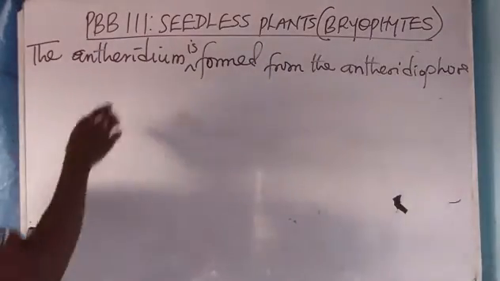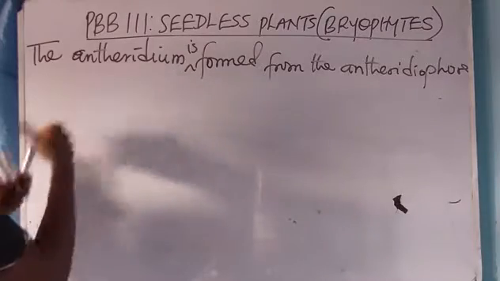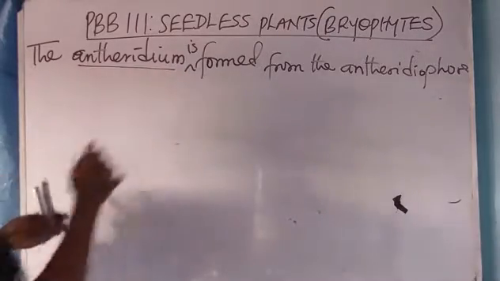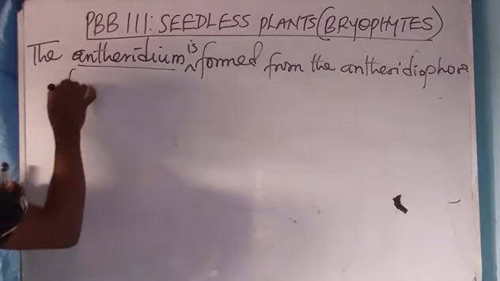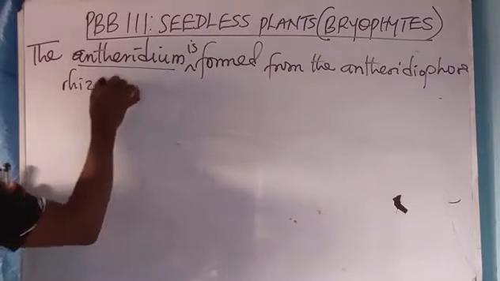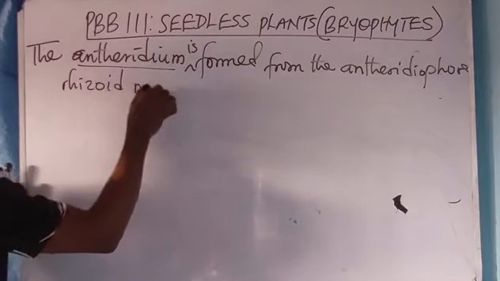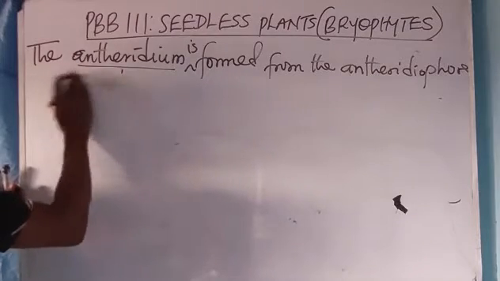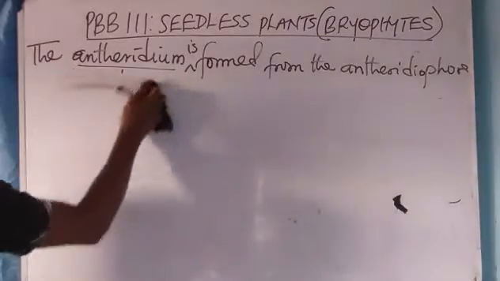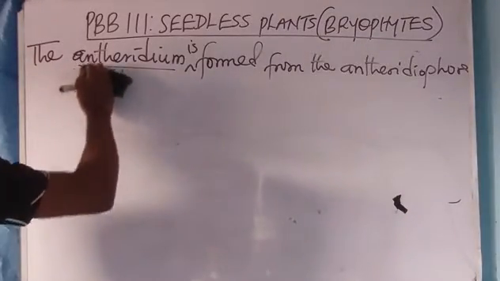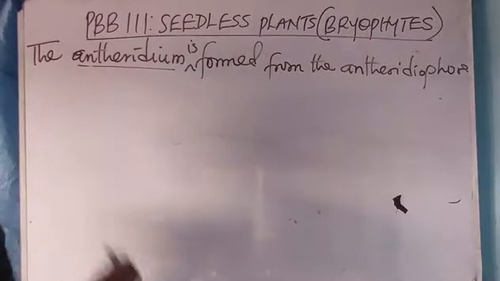Now, this antheridium found in the antheridiophore produces what is called, it's not rhizoid, it's called antherizoid mother cells.